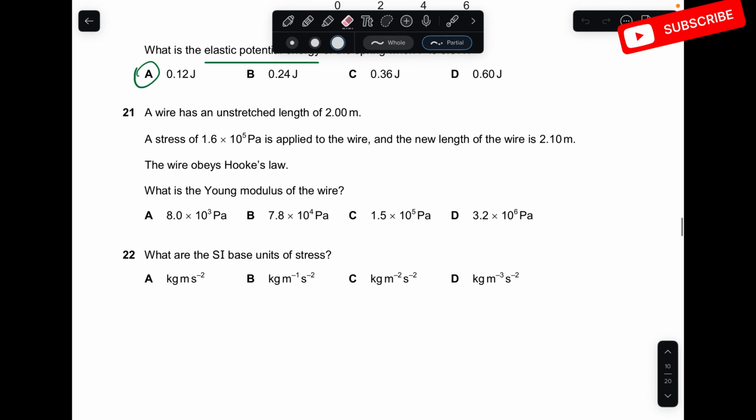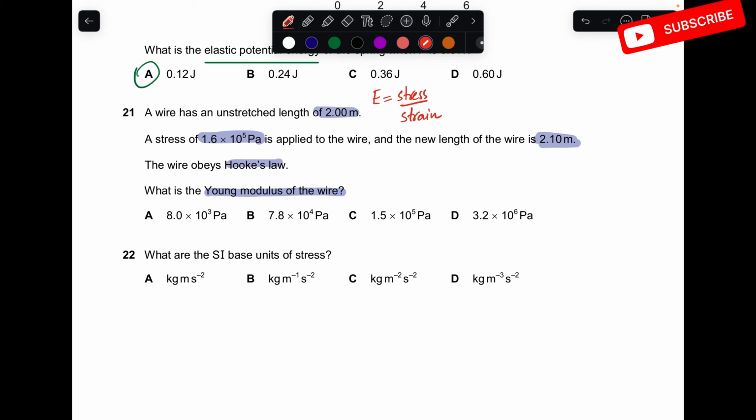Question 21. They're telling us a wire has an unstretched length of 2 meter. So you have the original length and the stress is given, and the new length of the wire is 2.1, and it obeys Hooke's law. What is the Young modulus of the wire? The relation for the Young modulus is E equals stress divided by strain.